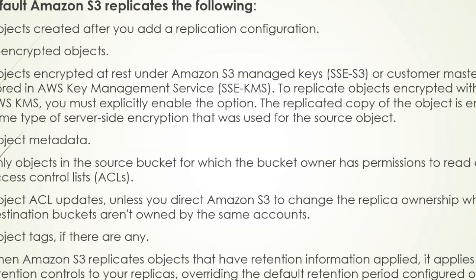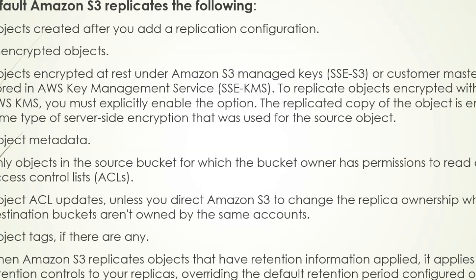If there are any tags specified on your objects, then they are also going to be replicated. And when Amazon S3 replicates objects that have retention information applied, it applies those same retention controls to your replicas, overriding the default retention period configured on your destination buckets.